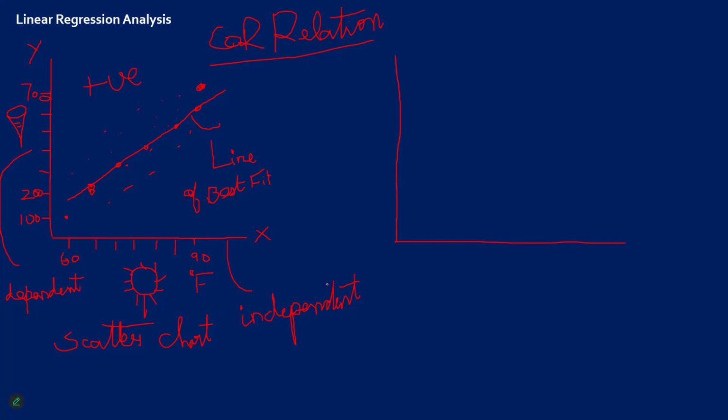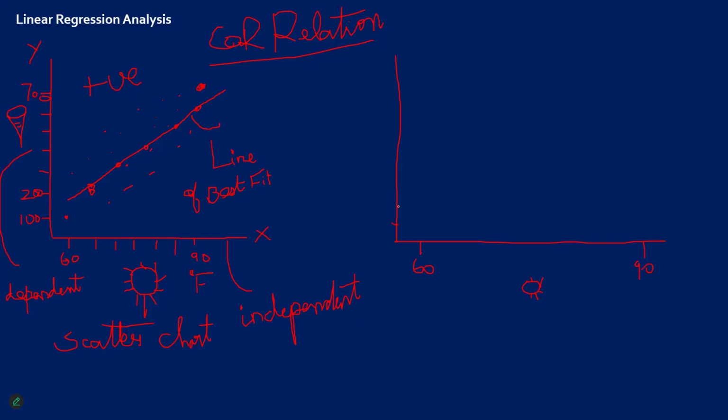All right, let's try to understand with another example. Okay, here we have the same sun, and the same outside temperature, 60, and then all the way it goes to 90.